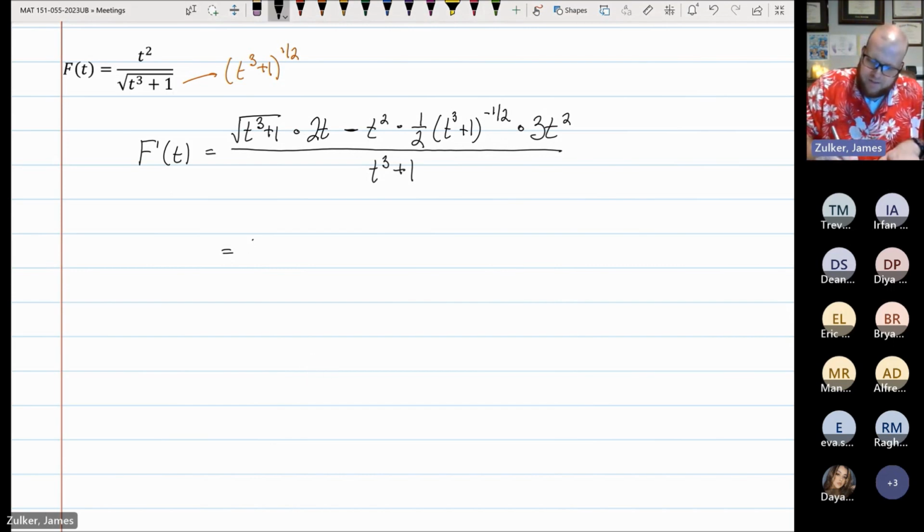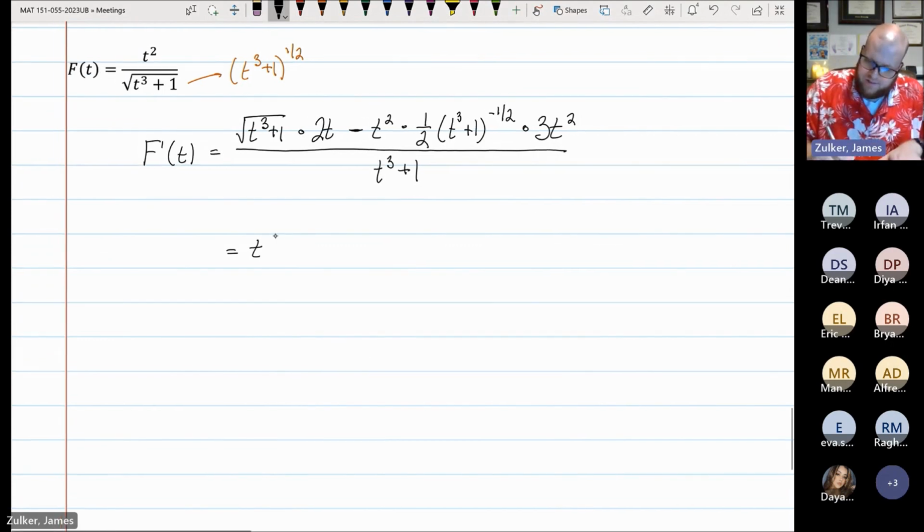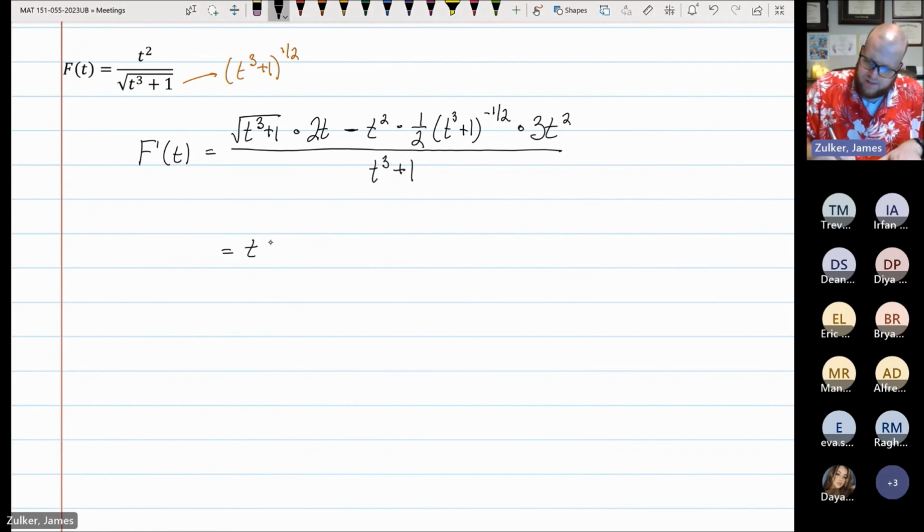There's a t common. There is a t cubed plus 1 to the -1/2 common. I also need to factor out that 1/2.